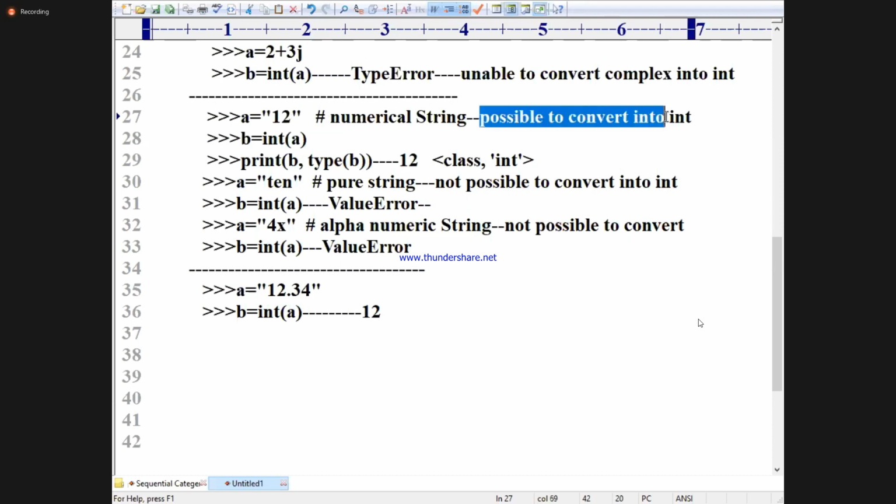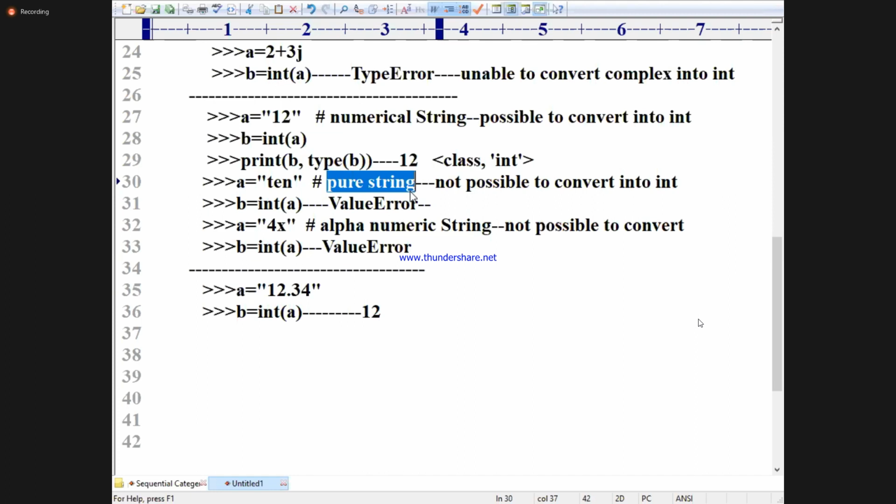"Ten" is a pure string, is it possible to convert? "4x", what string? Possible to convert? "12.34", float string. Float to int can be possible, but float string to int not possible. You are thinking float string into float, float to int. Your thinking is right, but it is not correct.